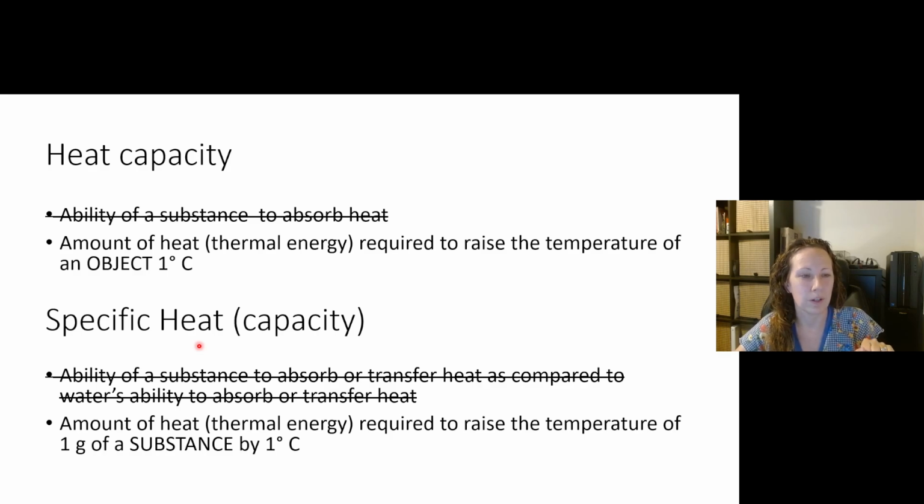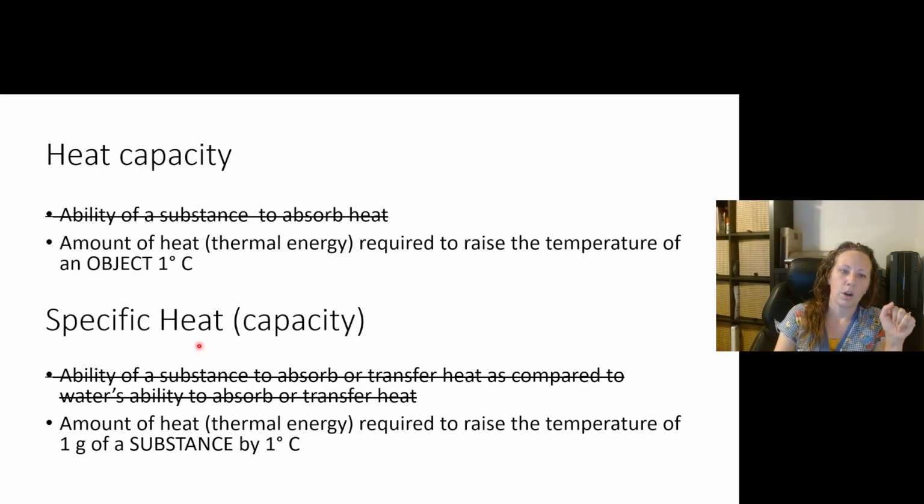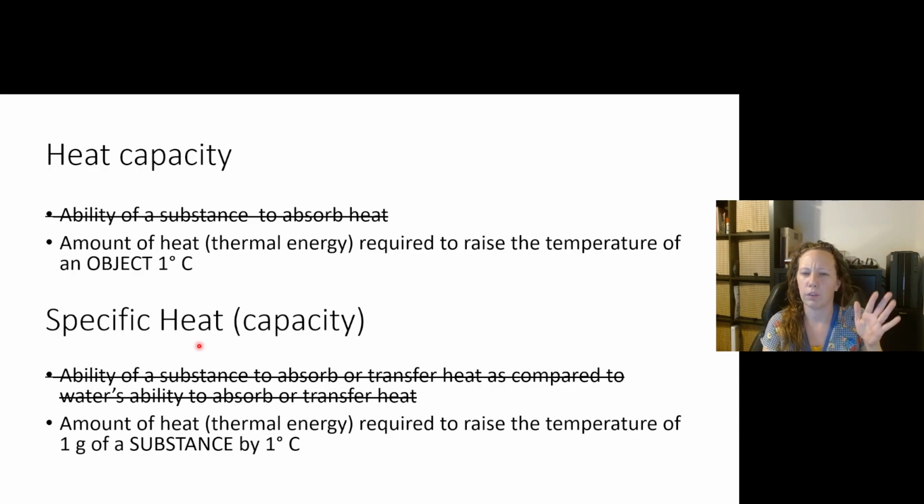Instead, we're going to use the amount of heat, thermal energy, required to raise the temperature, and notice that so far all is word for word the same as heat capacity until I get to here, of 1 gram of a substance by 1 degree Celsius. So instead of an object, which is what heat capacity was referring to, now I'm saying specific heat capacity, that it's 1 gram of a named substance. Okay, by 1 degree Celsius.